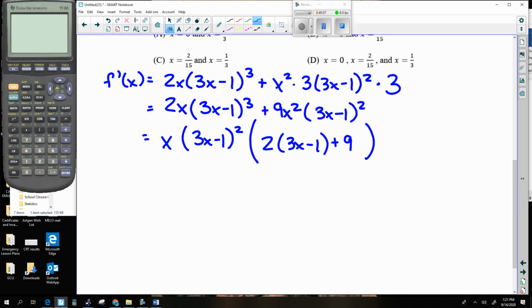I don't think I did any illegal math there. I might have. I don't know. We'll figure it out. So critical numbers are 0, positive 1/3, and this is what, 6x minus 2 plus 9, so this is 6x plus 7.